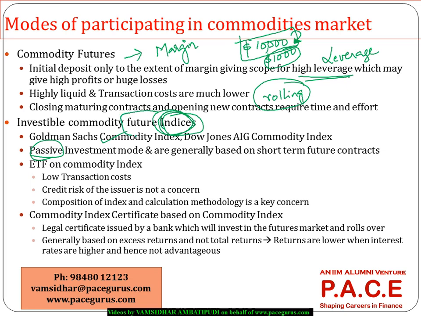And because these indexes are based on futures contracts, which generally are dominated by the near term expiring contracts, what we generally find is these are very much suitable for short term future contracts itself. So for an investor who is looking for short term futures investment, investing in the commodity future indices is more and more effective.